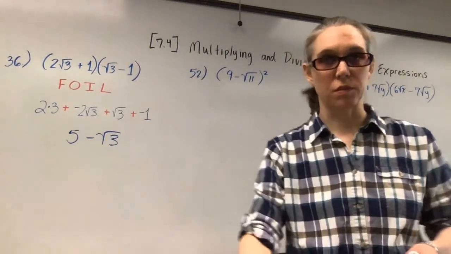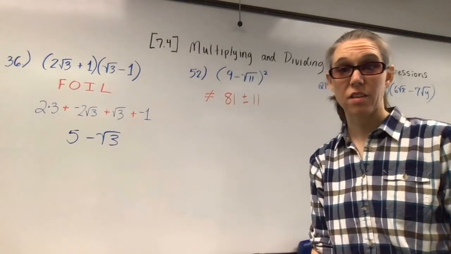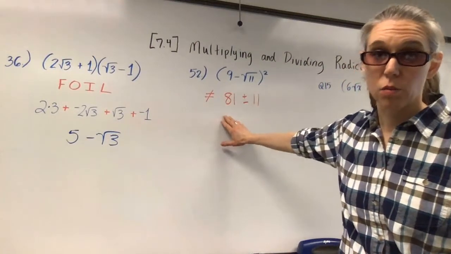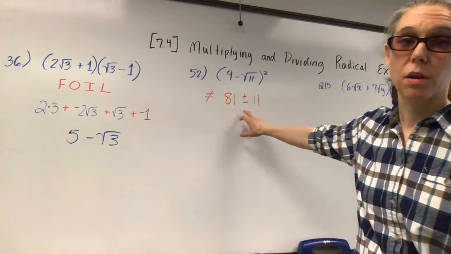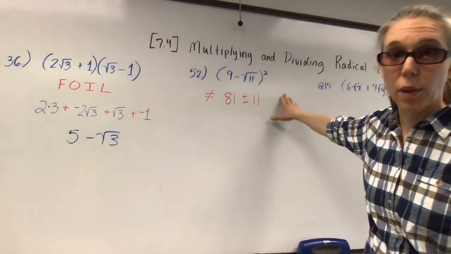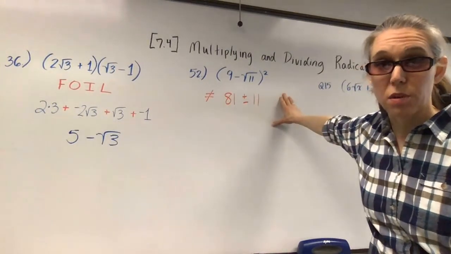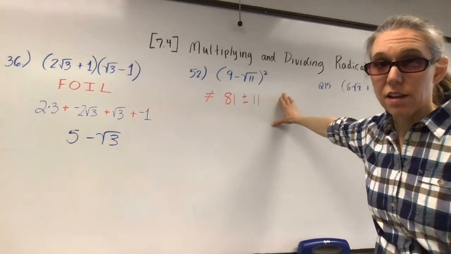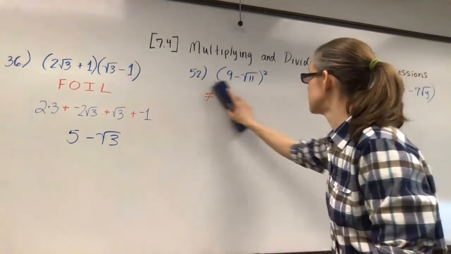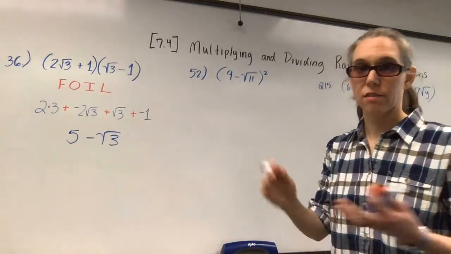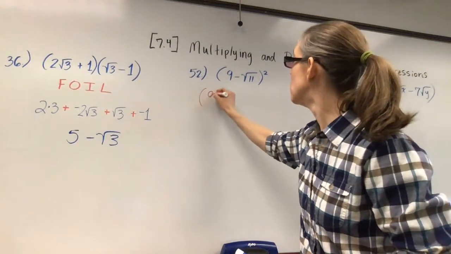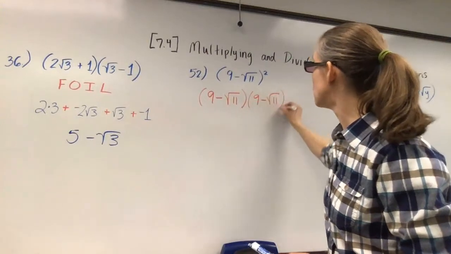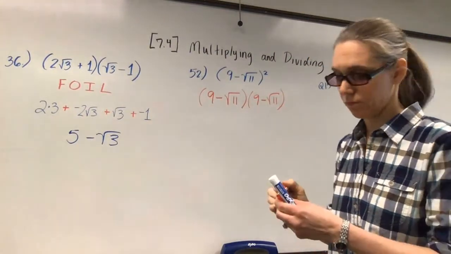Okay, next, number 52. Let me first point out that number 52 is not equal to 81 plus 11 or 81 minus 11. When you square a binomial, your result should be a trinomial, which you would then need to simplify further. So instead of this, you should have this. And you use FOIL.